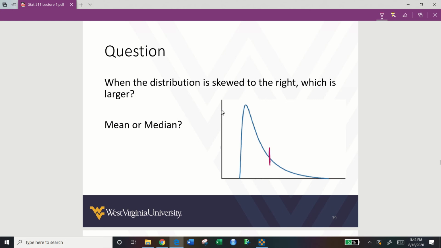So if we say that this bottom x-axis is a number line, your median is going to be closer to the peak of the unimodal distribution, where your mean is going to get dragged towards the other observations, or the more rare but extreme observations.